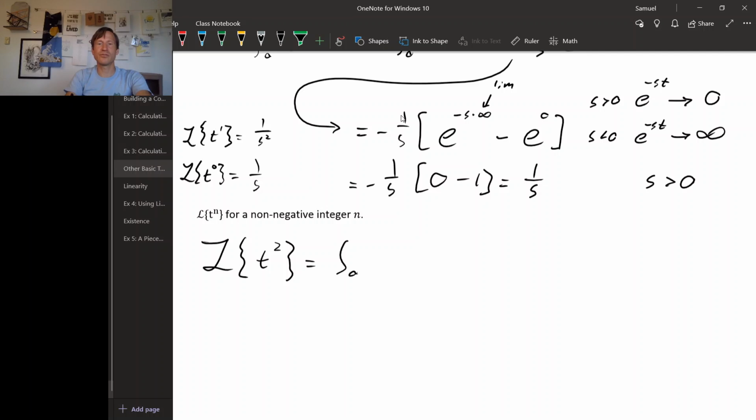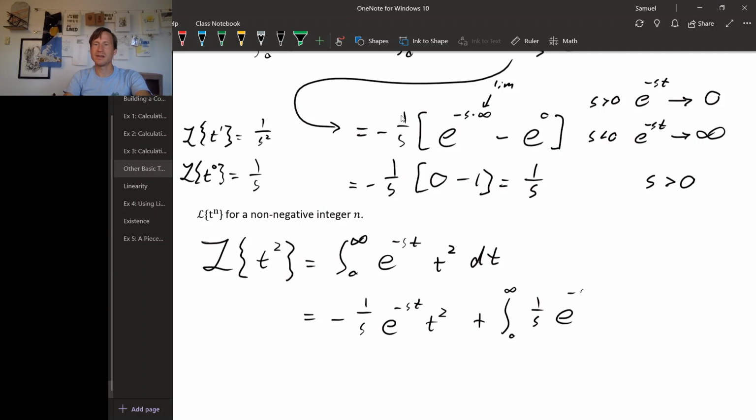So this will be the integral from 0 to infinity of e to the minus st times t squared dt. And we need to use integration by parts. So doing integration by parts, we get minus 1 over s times e to the minus st times t squared, plus the integral from 0 to infinity of 1 over s e to the minus st, and then times the derivative of t squared, so 2t dt.